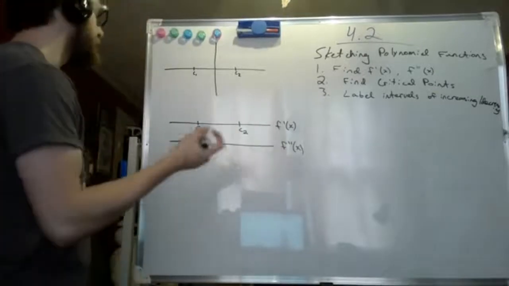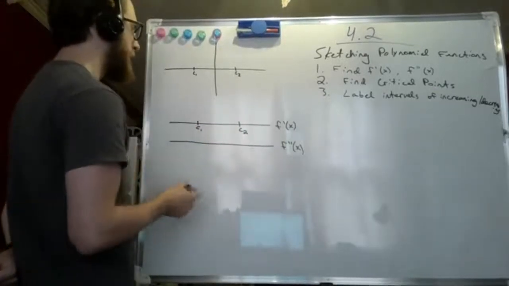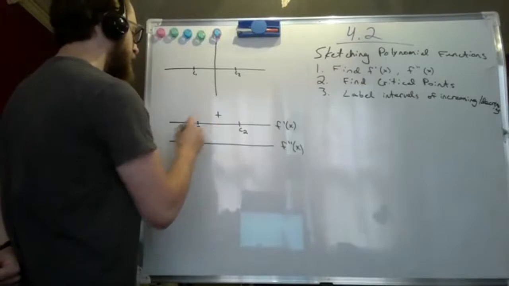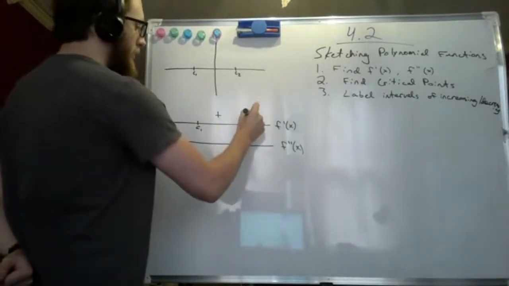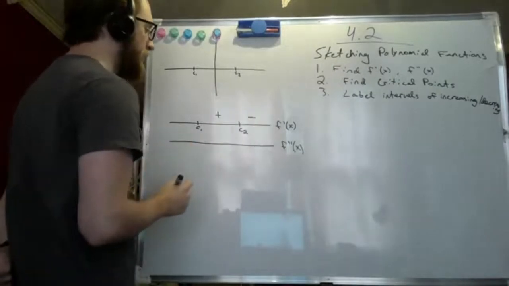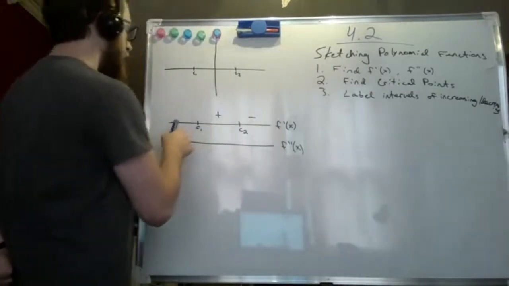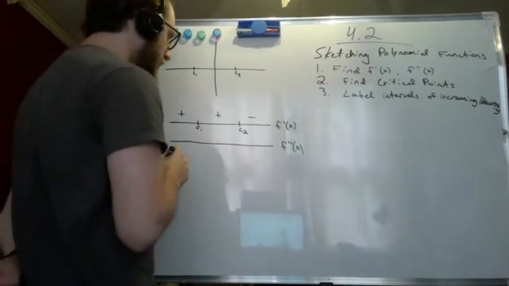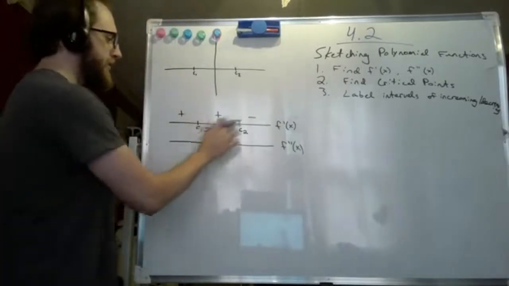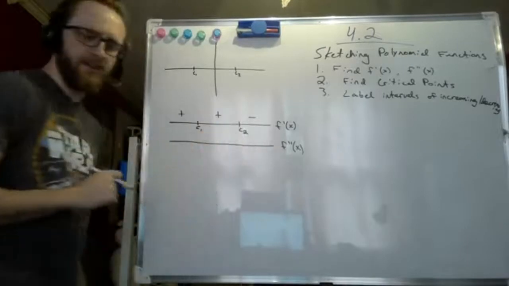So let's see. Maybe we're increasing in the middle and maybe we're decreasing after C2, and then maybe we're increasing to the left of C1. So we now have these labeled intervals for increasing and decreasing.